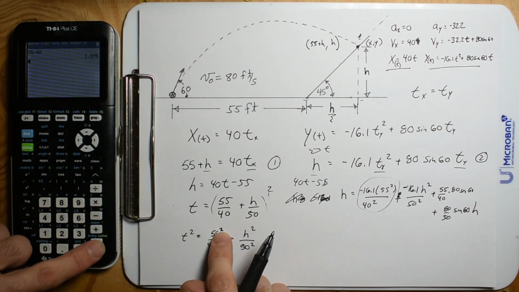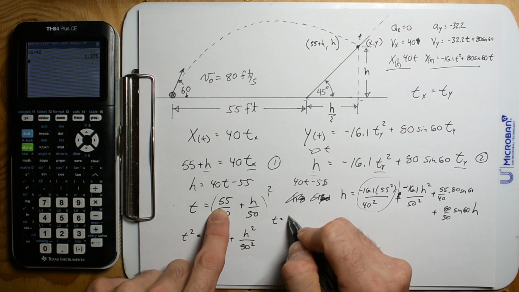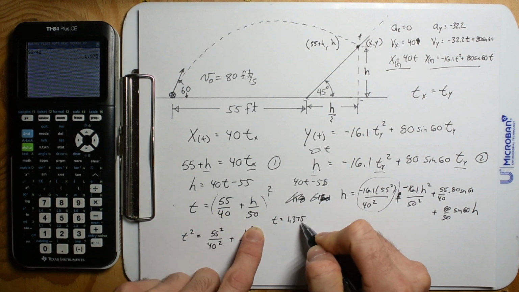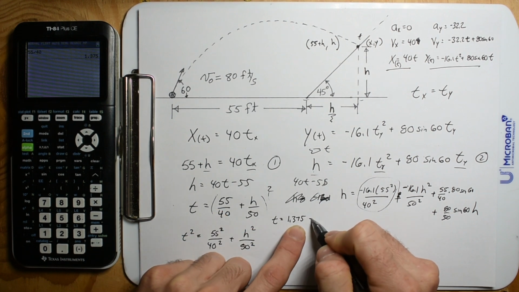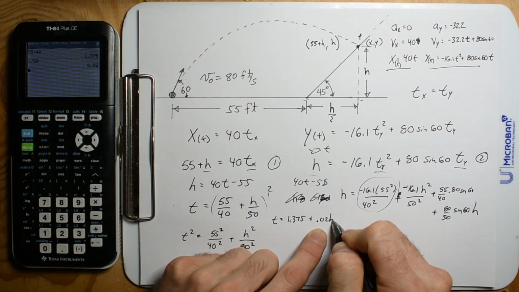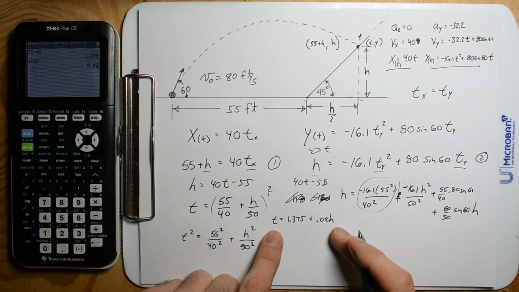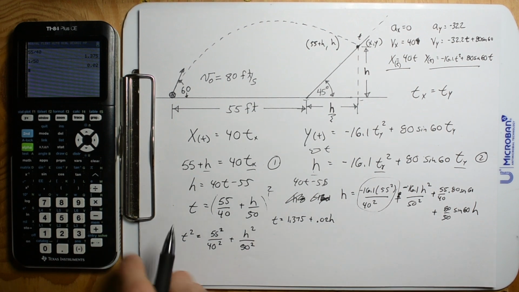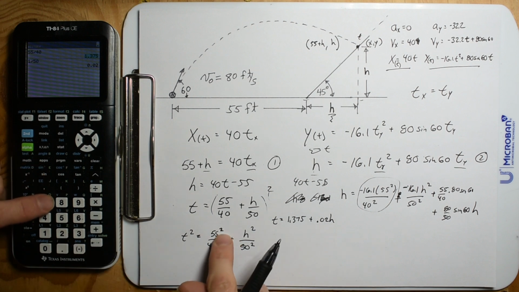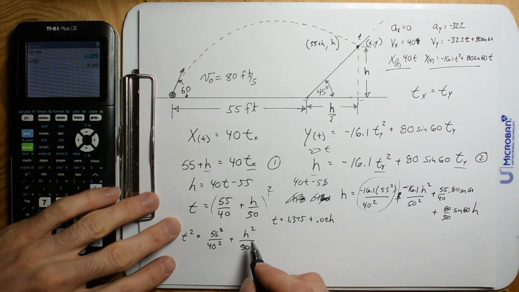So this is 55 divided by 40, let's just say this is 1.375, plus 1 divided by 50 is 0.02 h. I don't know, I just like using decimals. And then when we square this, oh, and I totally messed up anyway. Man, this is bumming me out.